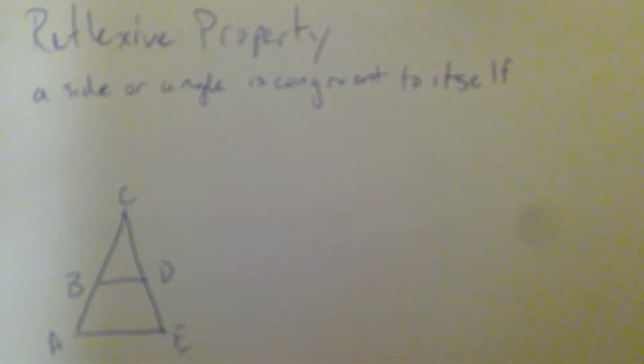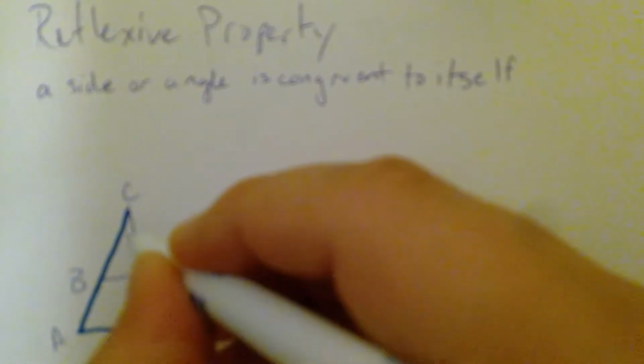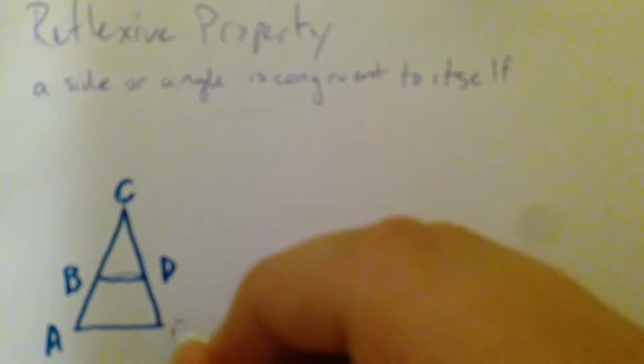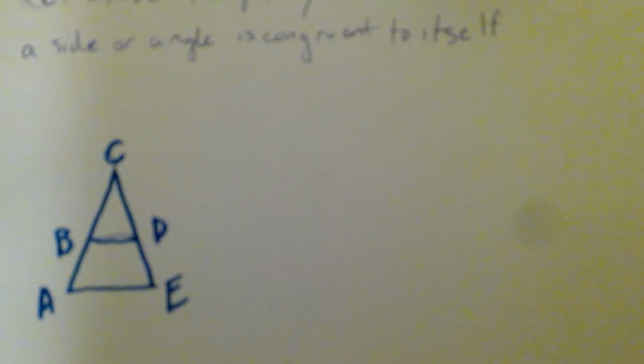Now, if we take a look at this triangle here, we've got A, B, C, D, and E. The reflexive property would say we're looking for an angle or side that's congruent to itself. A good hint here is to look for a part of a triangle that is in two triangles.